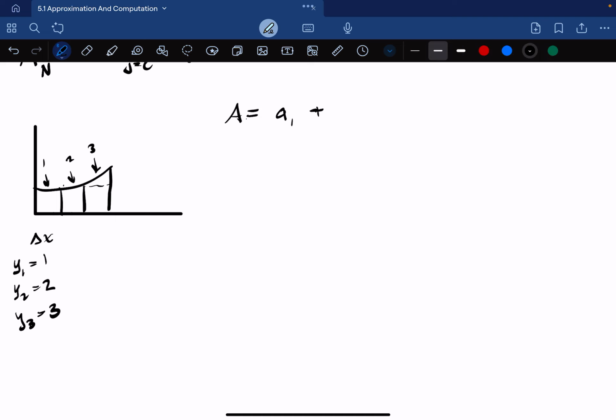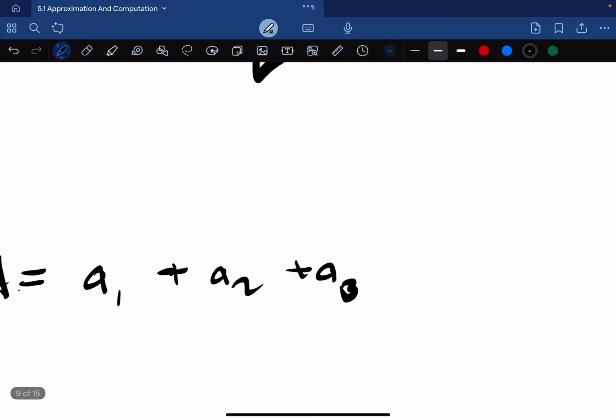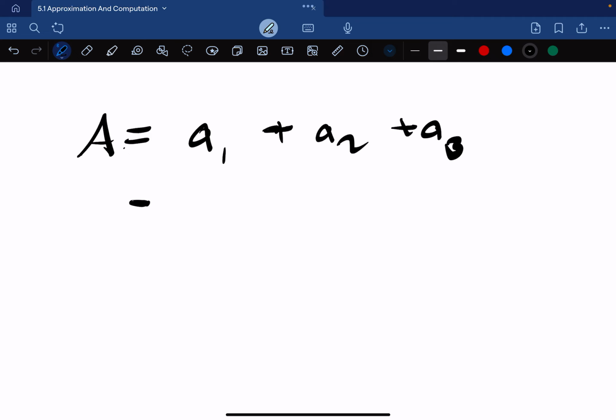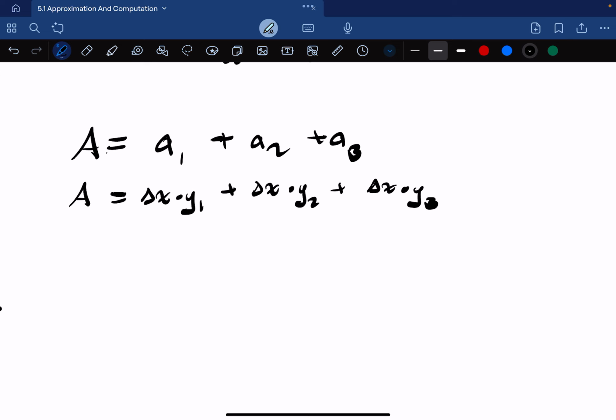I'm just going to replace that really quickly with A1, A2, and A3. Well, what is the area formula for a rectangle? It is simply length times width. So in this case, it's going to look something like delta x times y1 plus delta x times y2 plus delta x times y3. Okay? That's what that would look like if we were to individually calculate the area of each rectangle and add it together.